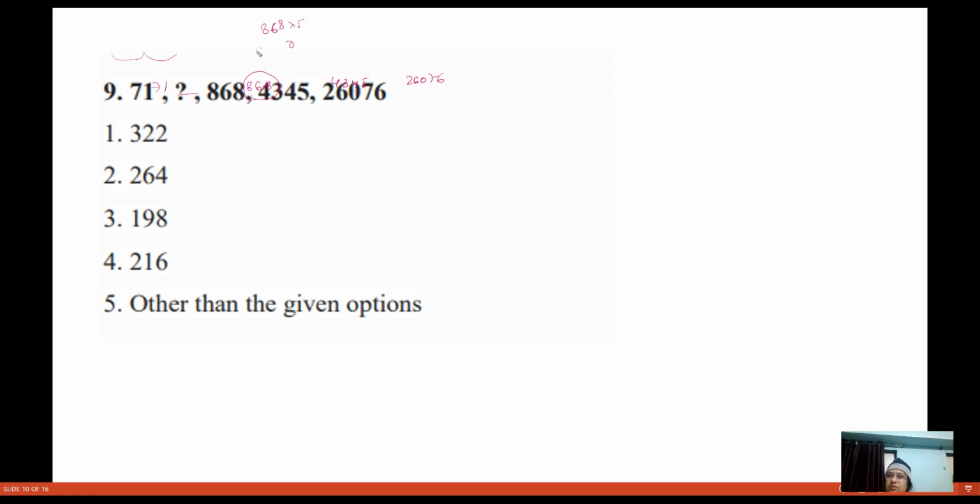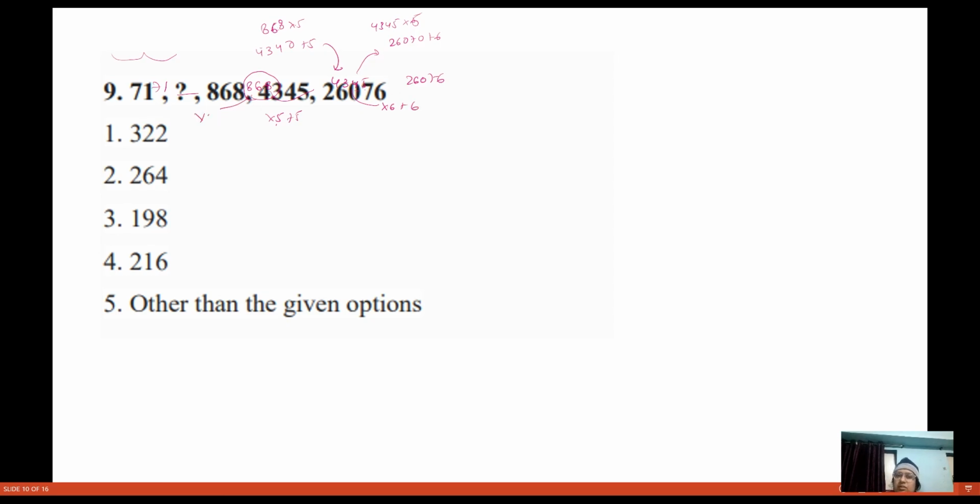So I get this as 4340. So I add 5 here, I get 4345. Then I multiplied this by, first I checked by multiplying by 5 only, but I was getting nowhere close to this. So I multiplied this by 6, so I get 2670 plus 6. So I came to know that this is this kind of series in which you multiply and add by the same number, then multiply and add by the same number.